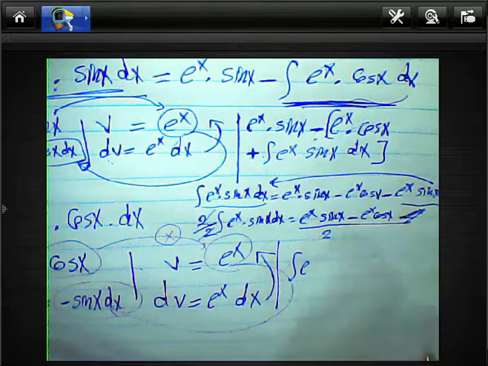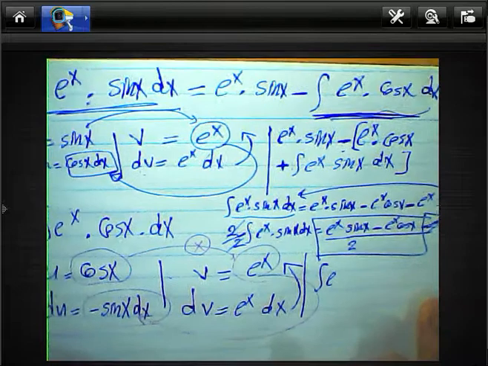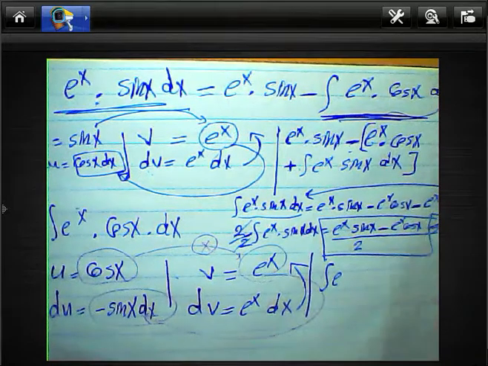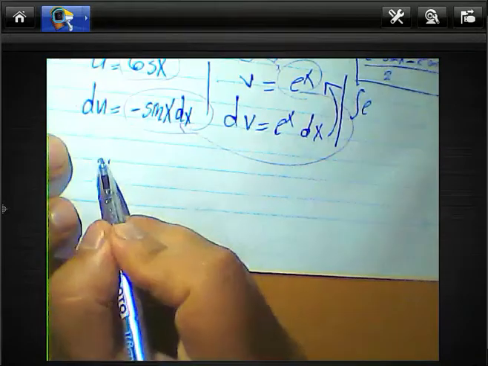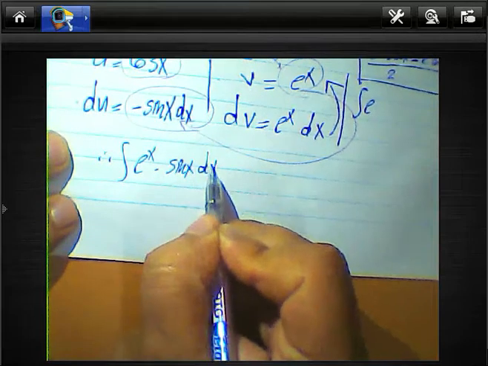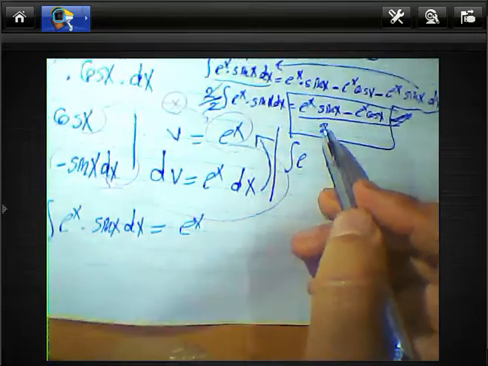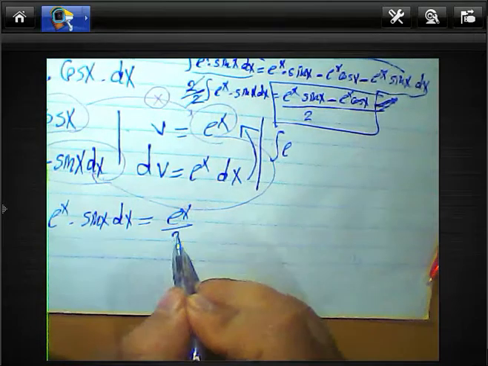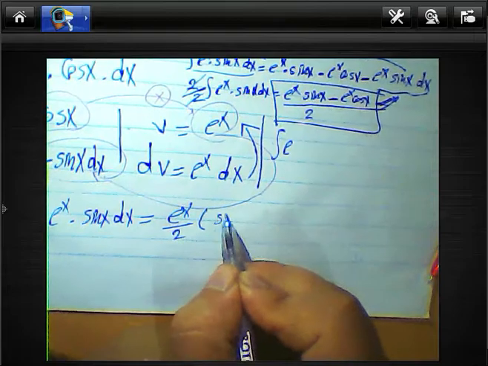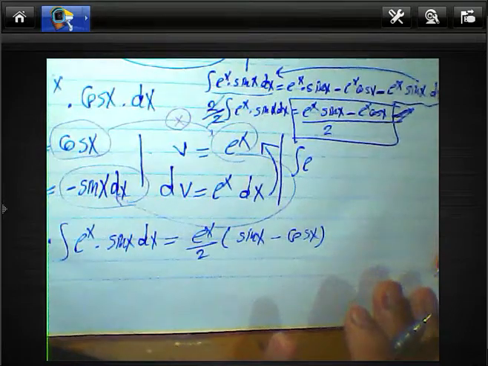Okay, it is the result of the example. So the integration of e power x sine x dx equal e power x outside, divided by 2, times sine x subtract cosine x.